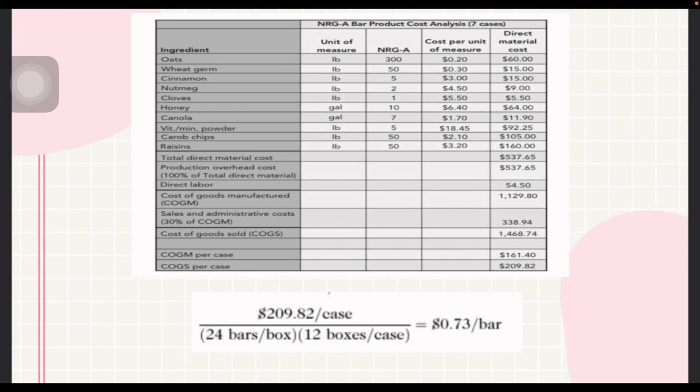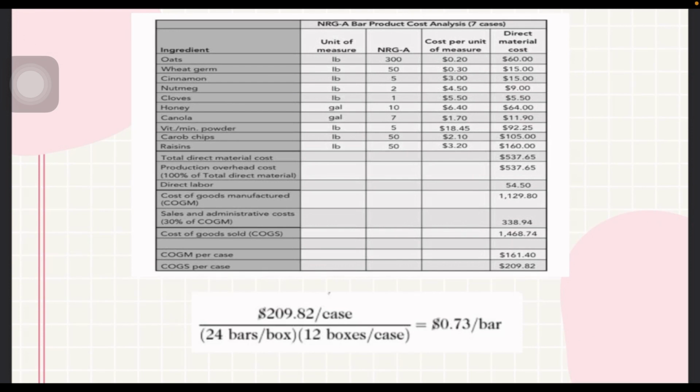Therefore, the total direct material cost of oats is $60. It became $60 because 300 times 0.20 is equal to 60. So summing the results for all the ingredients gives a total direct material cost of 537.65, as we can see here in the table.